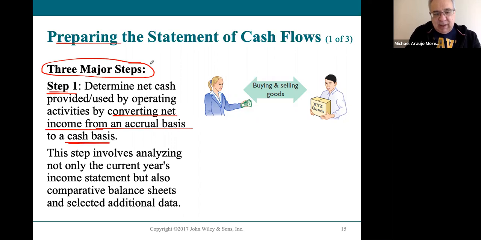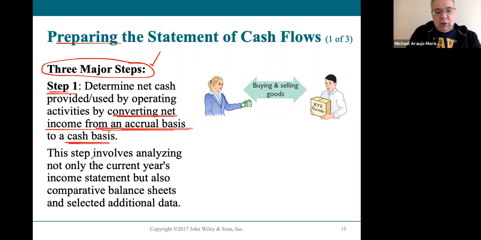So this is going to be your major issue right here, understanding how to convert. In essence, we're going to be converting net income from an accrual basis, which is how we prepare the income statement, to the cash basis, which is how we understand the cash flow statement.